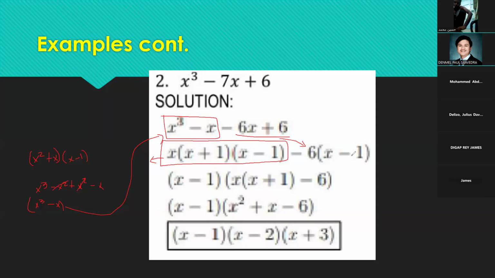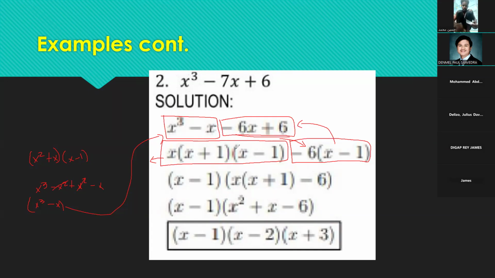Negative 6 times negative 1 is positive 6. So if we multiply this out, just like what we did in this one, you will go back to this format. Correct? So were you guys able to follow so far? Yes, sir.